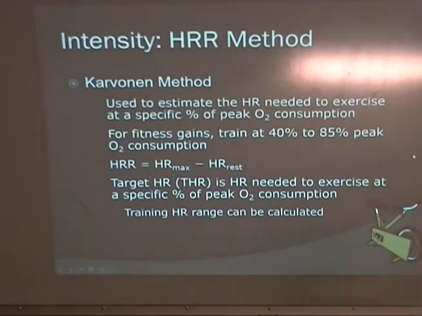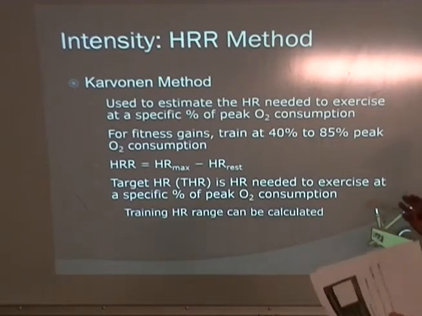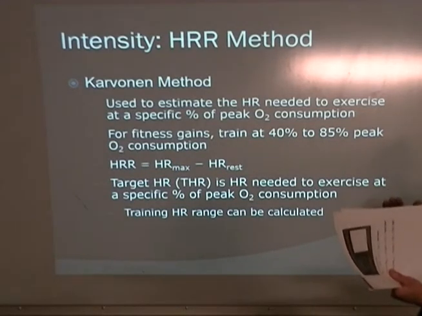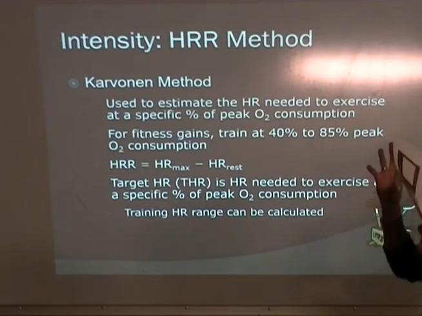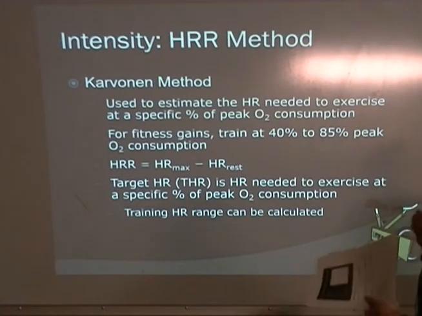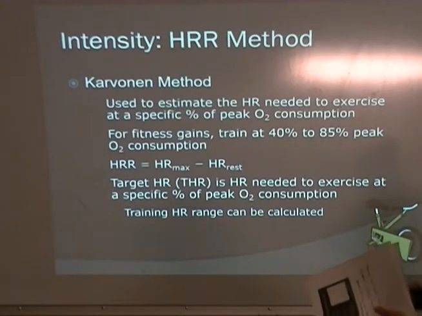So another way you can use your heart rate is to actually transfer it into a number that represents a percentage VO2. And that's called the heart rate reserve method or the Karvonen method.